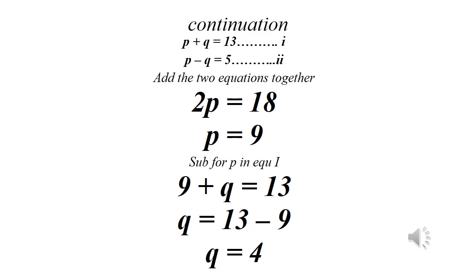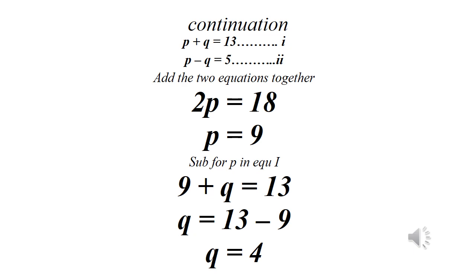Now we have two equations here, p plus q equals 13 and p minus q equals 5. If you add the two equations together, we have p plus p equals 2p and 13 plus 5 equals 18. Plus q minus q will give us 0, that will eliminate. So we have 2p equals 18.